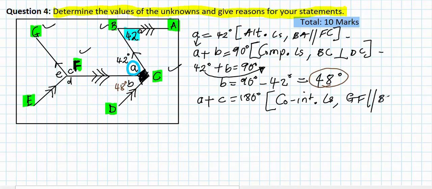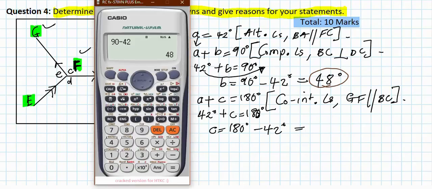I already have A. So A was how much? 42 degrees. 42 degrees plus angle C equals 180 degrees. This is 180. And then simple algebra, we transpose: angle C equals 180 degrees minus 42 degrees. And then here you pull out your machine. Then you're going to say 180 degrees minus 42 degrees. There you get 138.